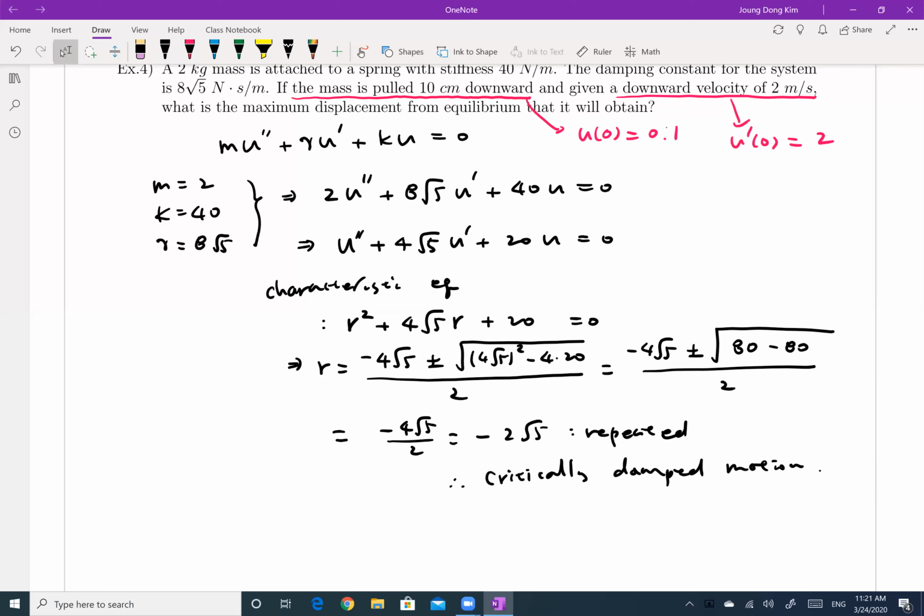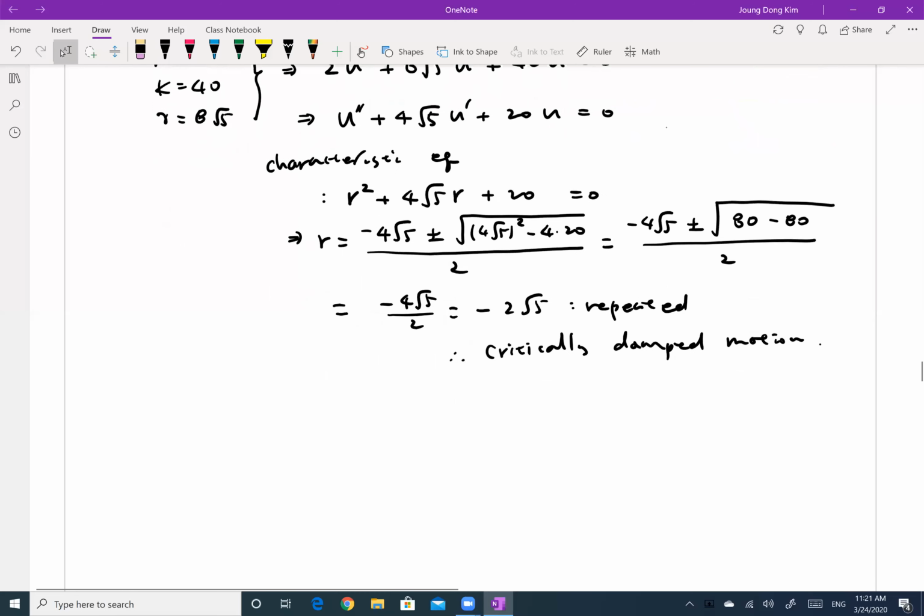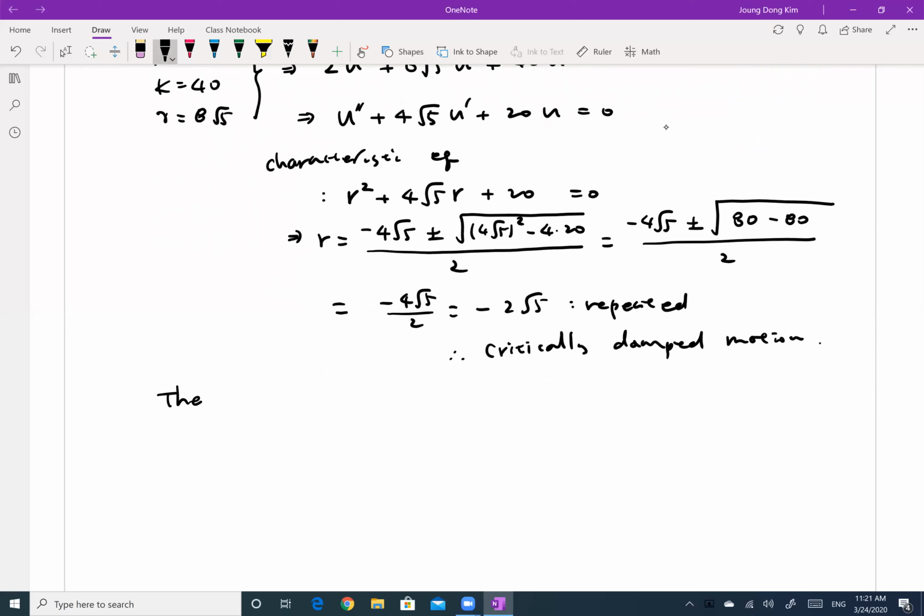Now we can set up the general solution. Since it is a repeated root of the characteristic equation, your u(t) must be of this form: A times e to the minus 2 square root of 5 t plus B t e to the minus 2 square root of 5 t.